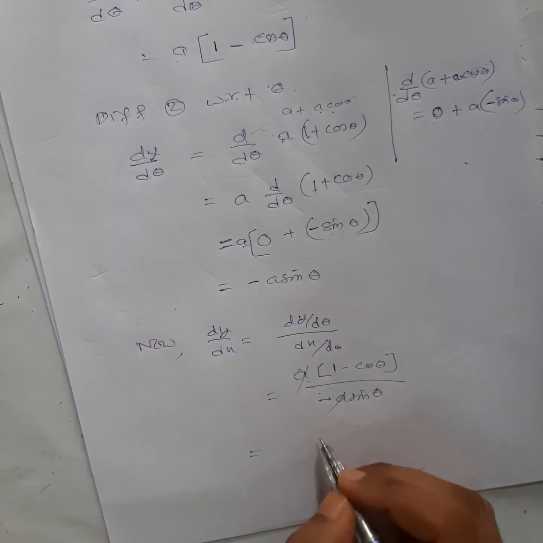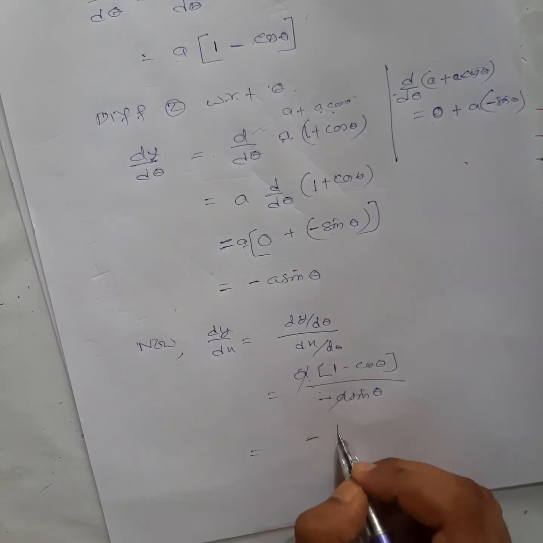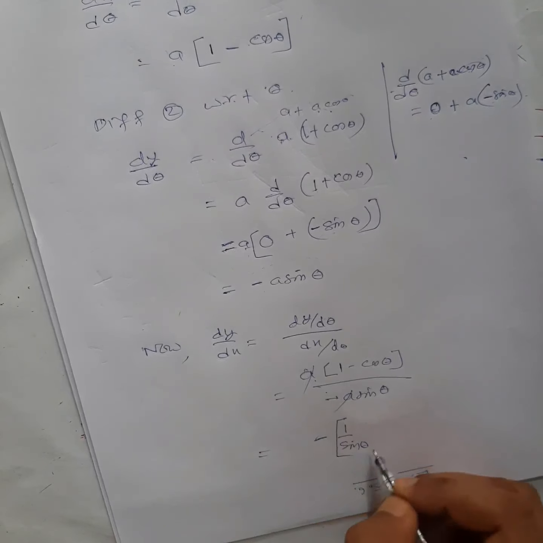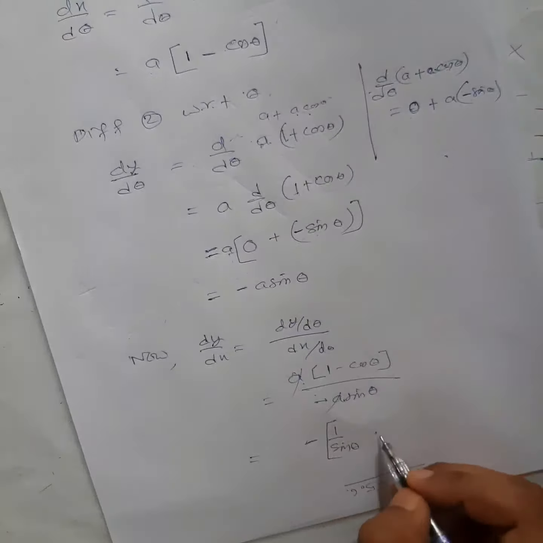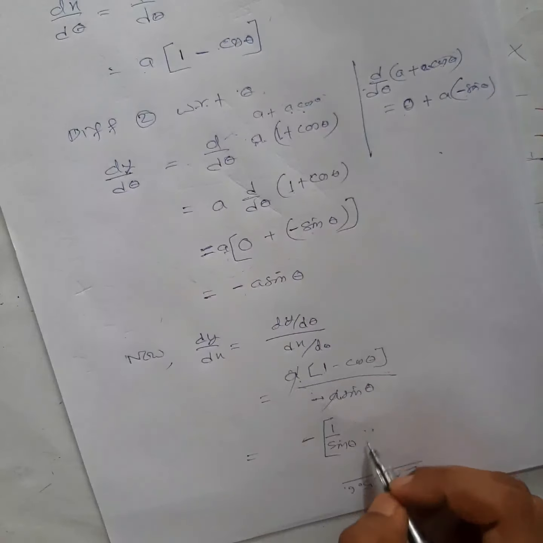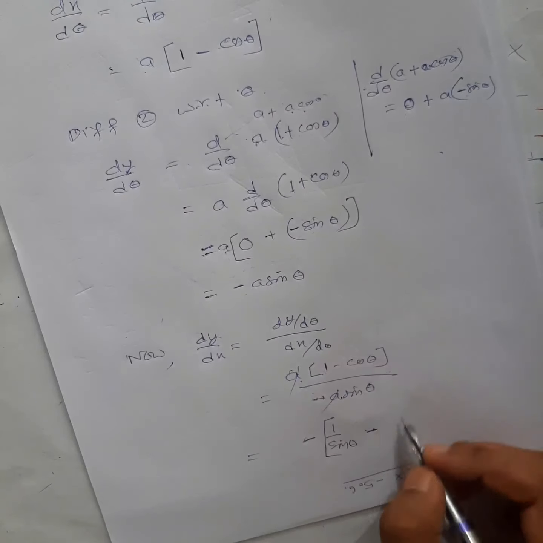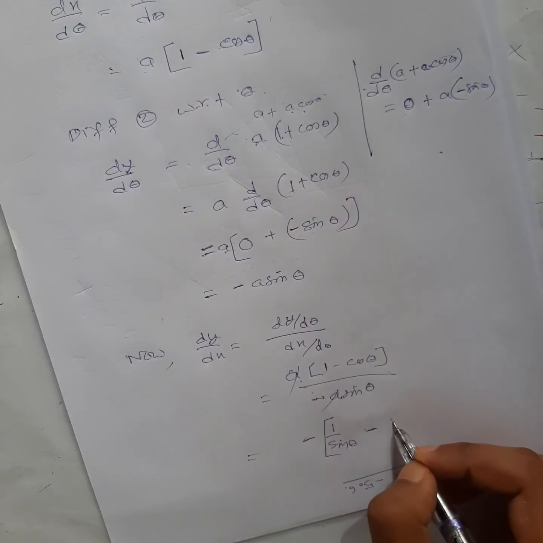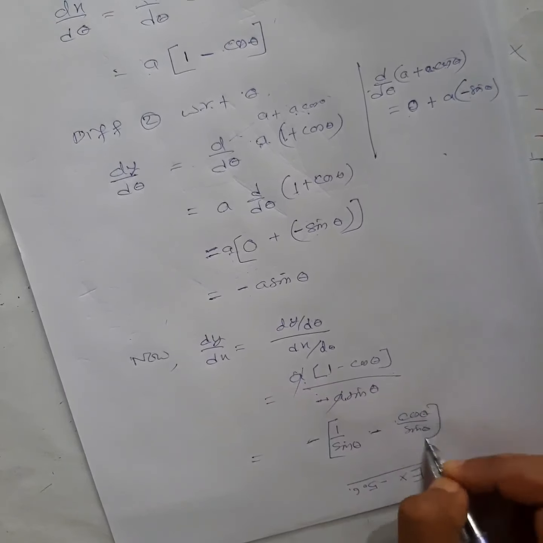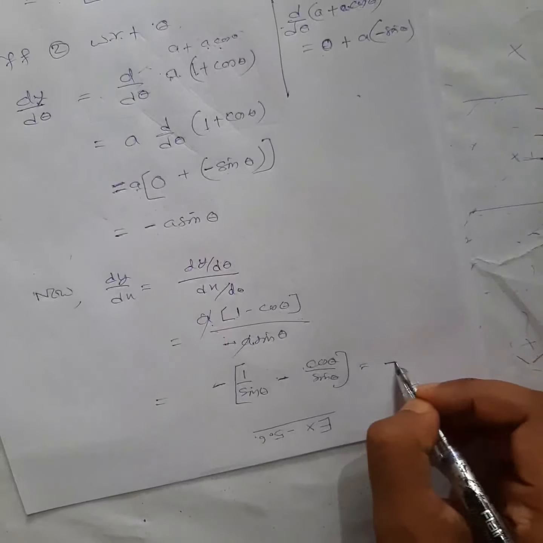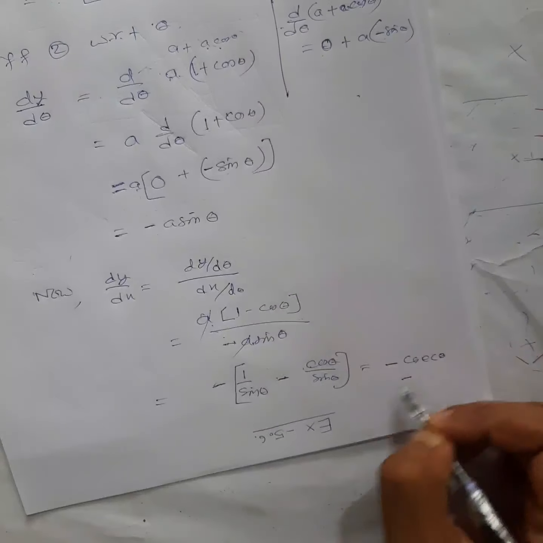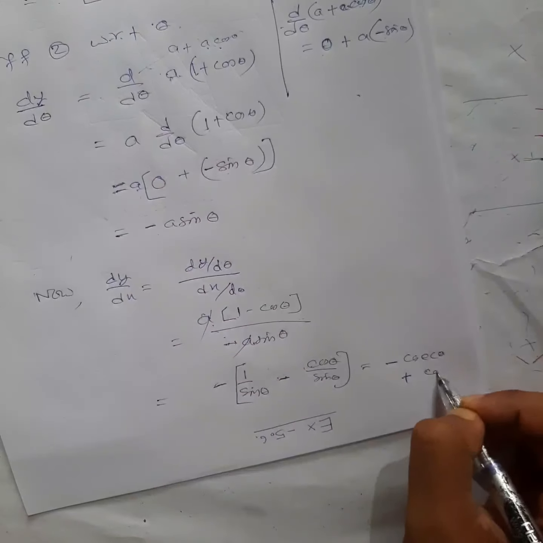So you will get minus 1 by sine theta, multiplying with both the terms, minus cos theta by sine theta. I keep the minus outside. So you will get minus 1 by sin, which is cosec theta, minus minus plus cot theta.